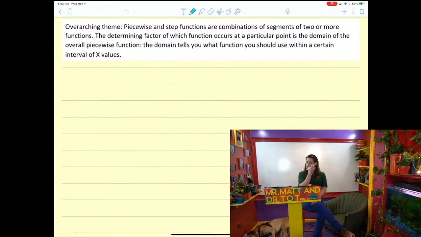The overarching theme here is that piecewise and step functions are combinations of segments of two or more functions. The determining factor of which function occurs at a particular point is the domain of the overall piecewise function. The domain tells you what function you should use within a certain interval of x values. So, first of all, domain is just a fancy word for the acceptable values of x.